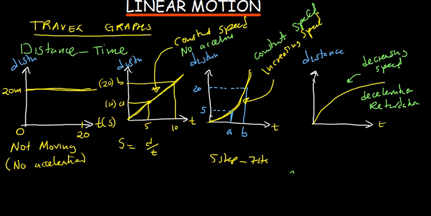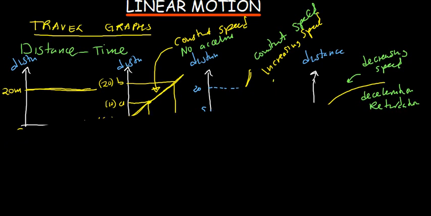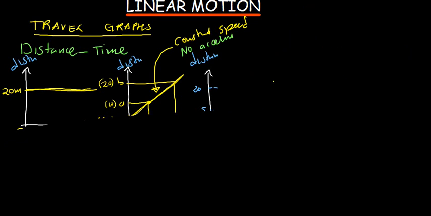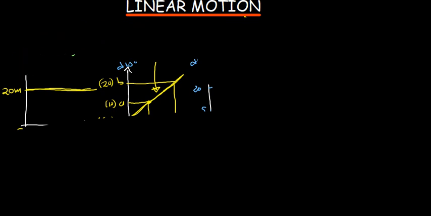Okay, let's look at a velocity time graph. So when we're talking about a velocity time graph, I'm also going to draw four scenarios.